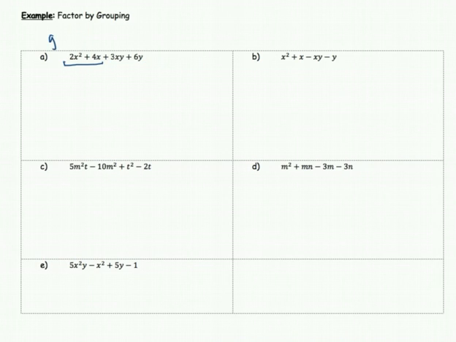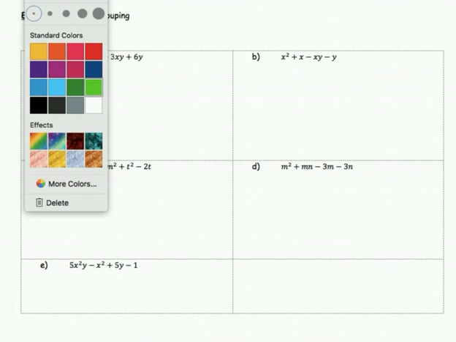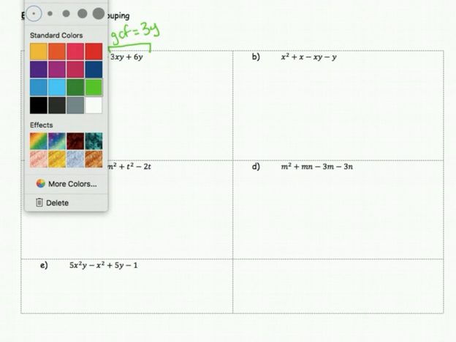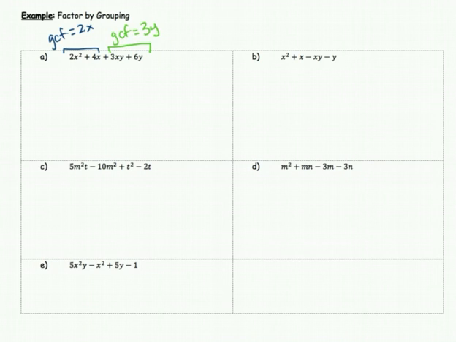The greatest common factor for the first 2, for 2 and 4, is 2, they both do have an X, so the lowest exponent is X there. Then this one here, we'll find the greatest common factor of those separately. So again, 3 and 6 is 3. They both have a Y that's in common, so take a Y out. And then just go through the steps of factoring those pairs together.